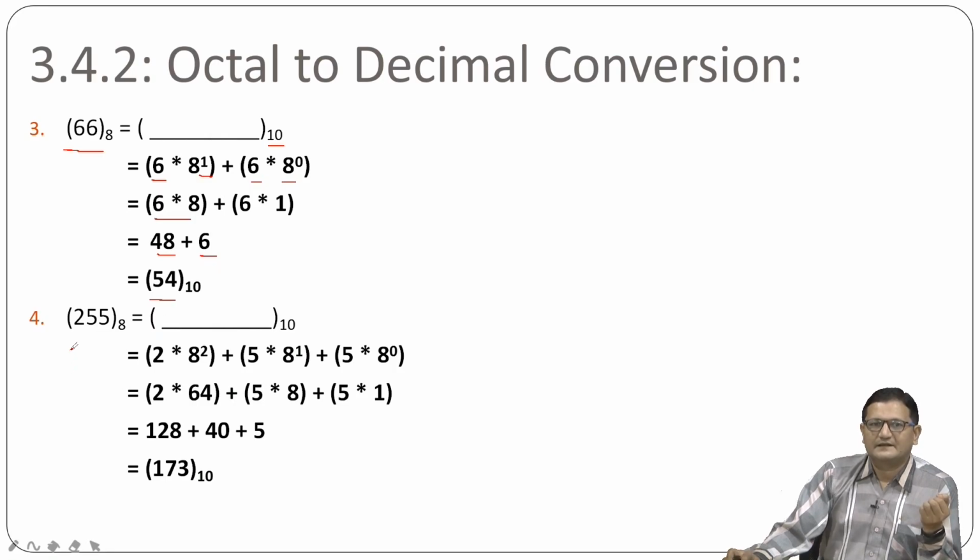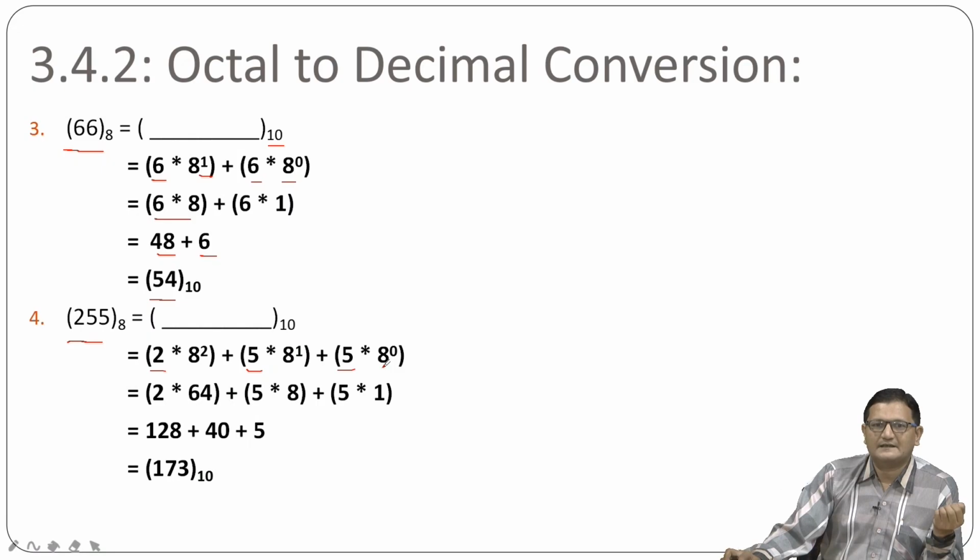Suppose a 3 digit octal number 255 is given to you and we need to convert it into decimal form. First you write down all the digits: the first digit is 2, the second digit is 5, and the third digit is again 5. Now you start from the last digit.